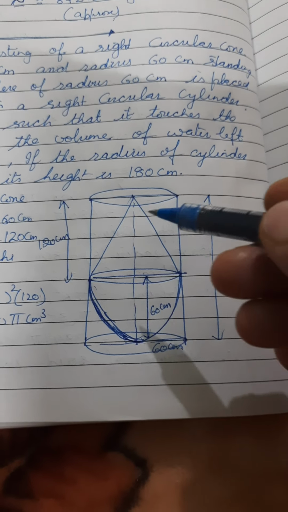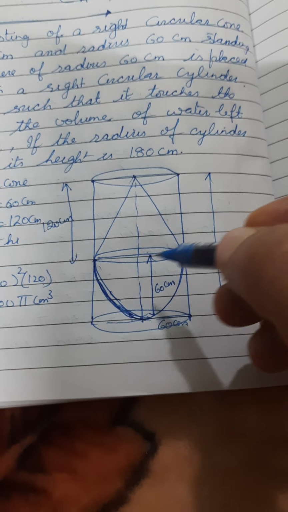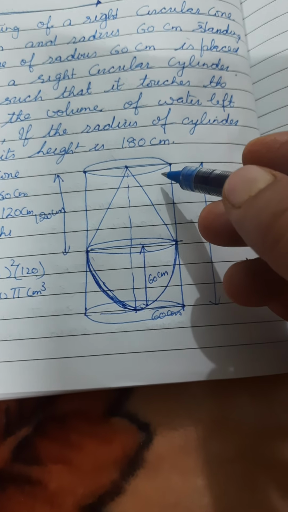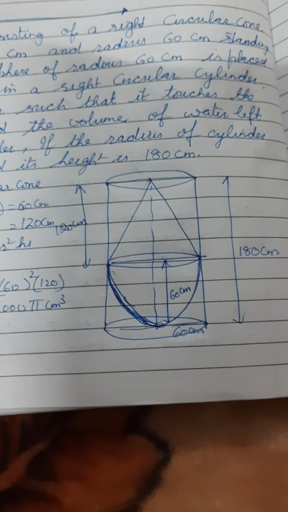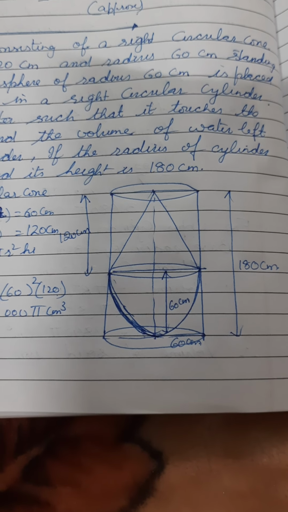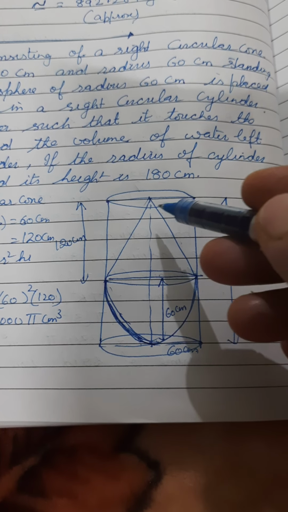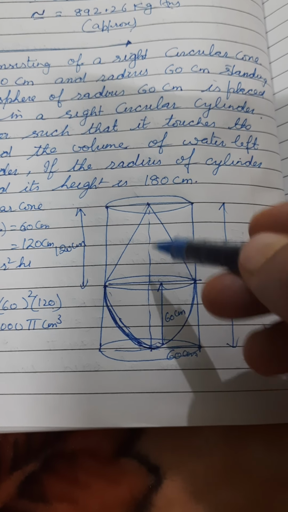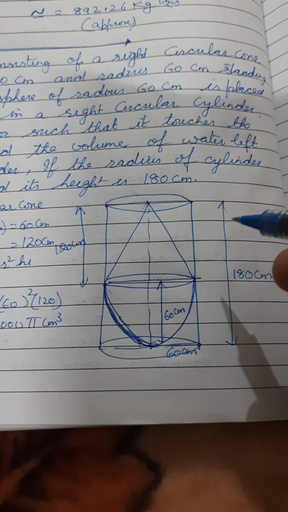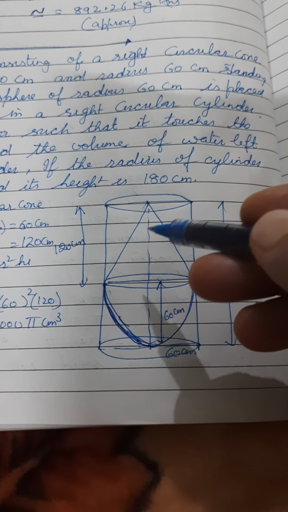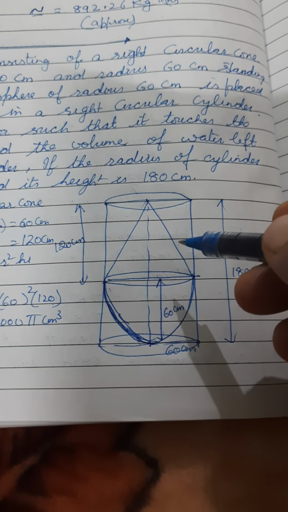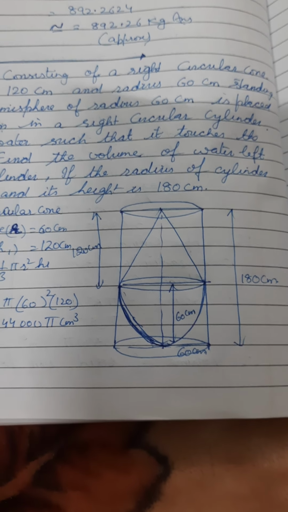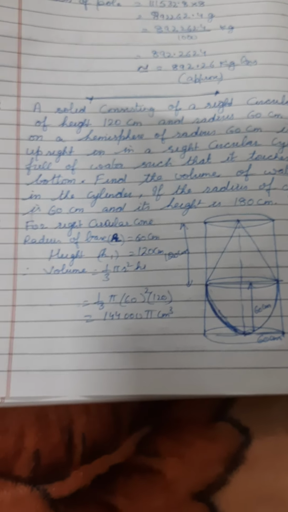Now what is given? This whole toy is placed into a cylinder which was filled with water. Now when this toy is placed in this cylinder, some of the water will flow out, and we are to find the water left inside the cylinder after putting this toy in the cylinder that was filled with water.